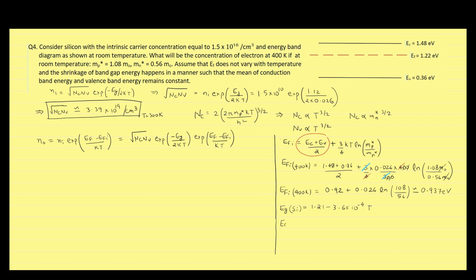And the bandgap energy at 400 Kelvin, after calculation, we will get to be equal to 1.066 electron volt.